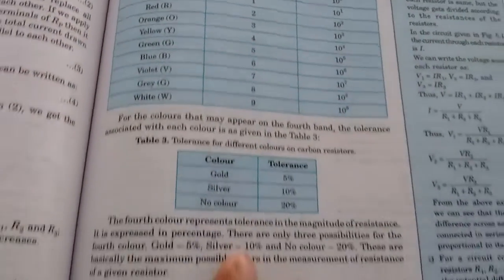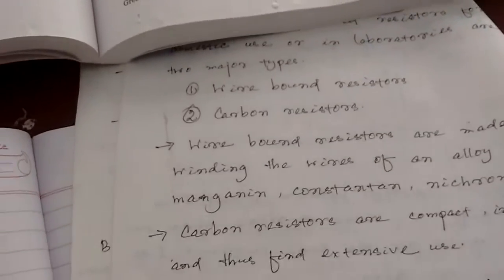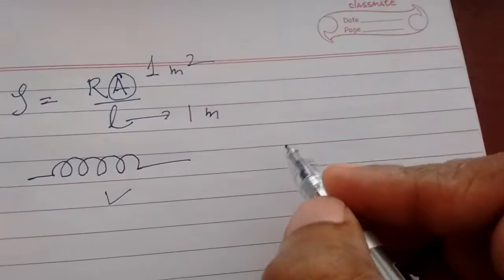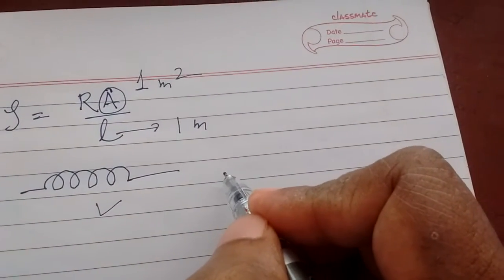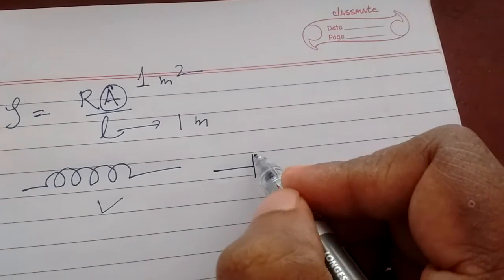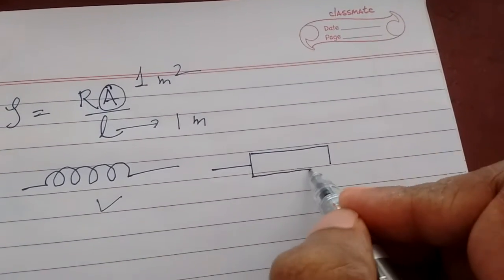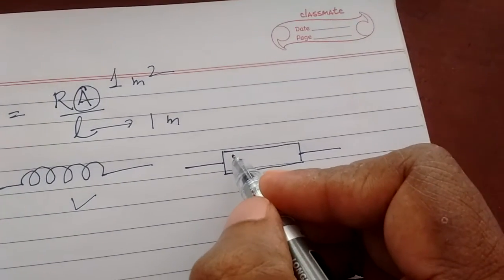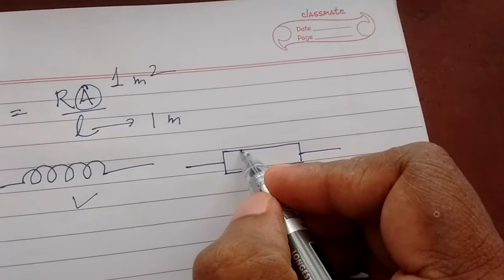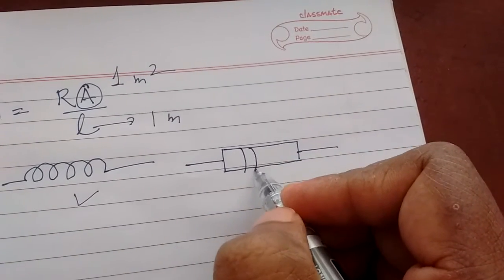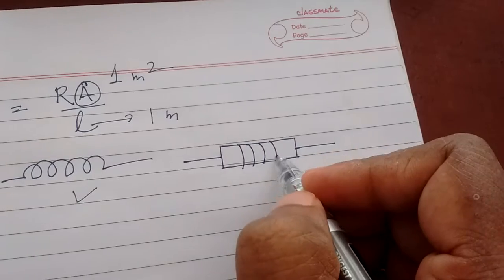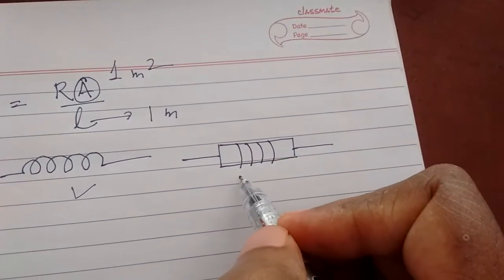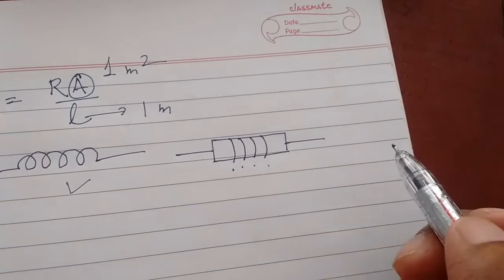Let us take an example. You must have seen the carbon resistor. It is like this, a small cylinder, very small. There are 4 strips of colors on it, always 4 strips. 1, 2, 3, 4.